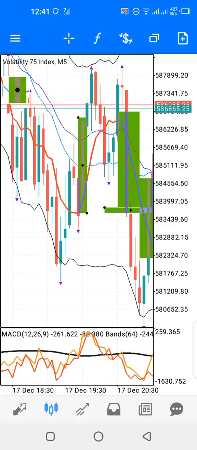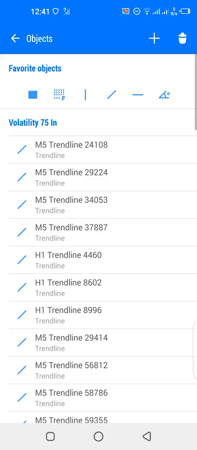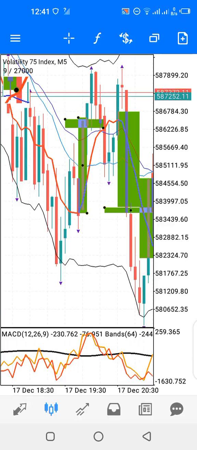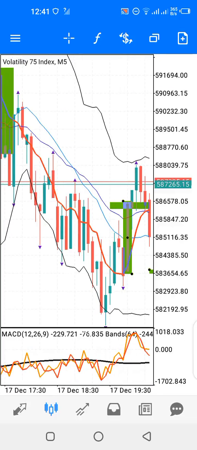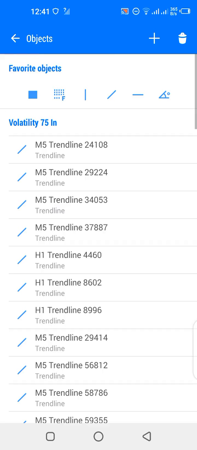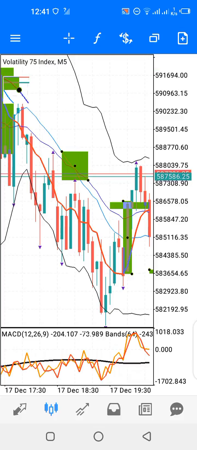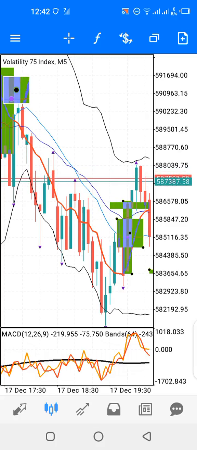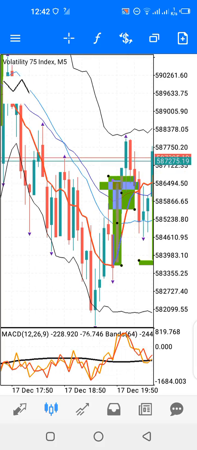Make sure the second signal or confirmation closes above the two blue lines, your 30 and your 20 moving averages. Ensure that price closes above them to take your second trade.